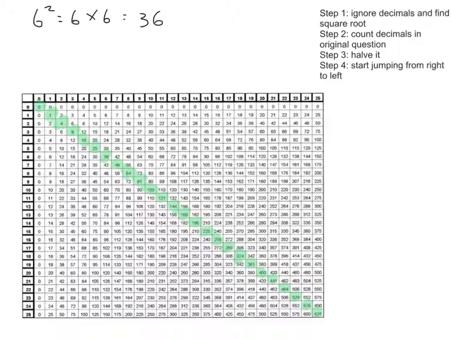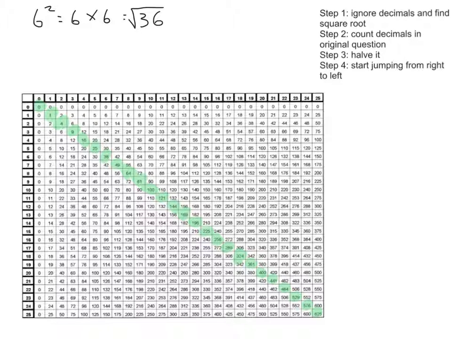Okay, now when you see a sign like this, this is the square root sign. And what this sign is basically saying is for you to find out that one number that was multiplied by itself to get this number here.